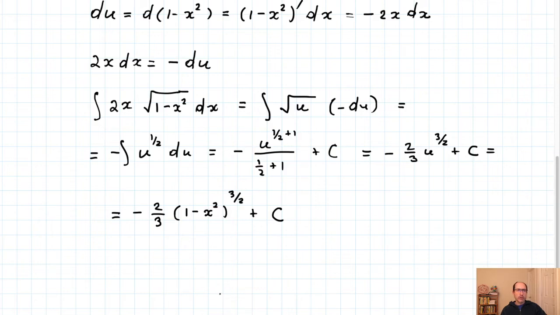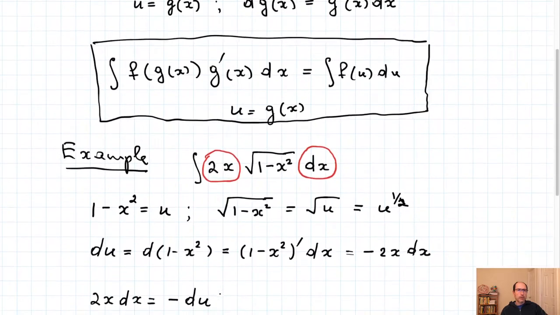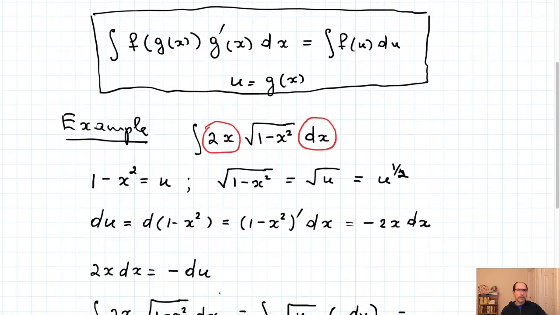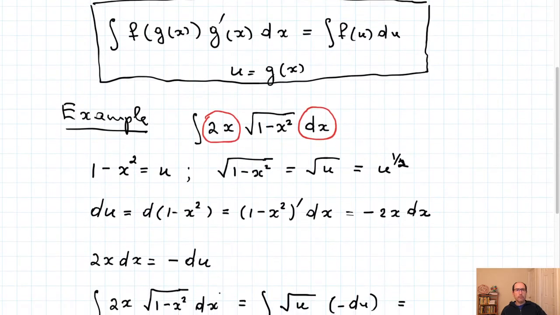So to summarize this process, really you could see here that what helped us to calculate this integral was the fact that one part of the integral, namely the square root of 1 minus x squared, could be simplified by introducing a new variable, 1 minus x squared equals u.